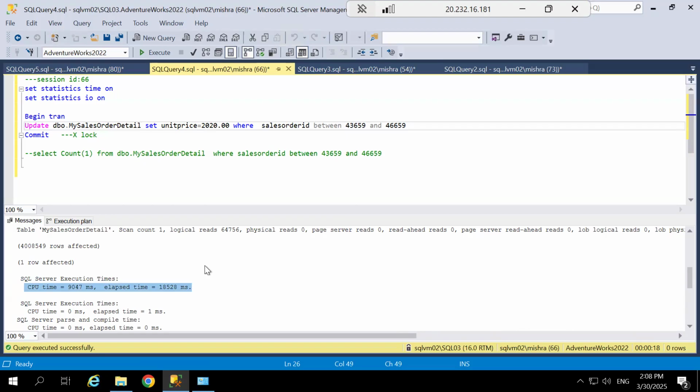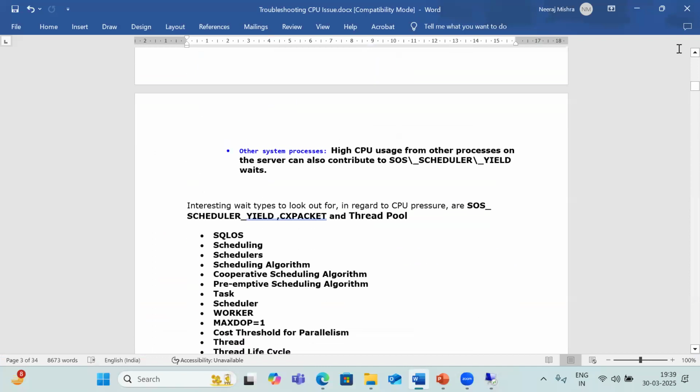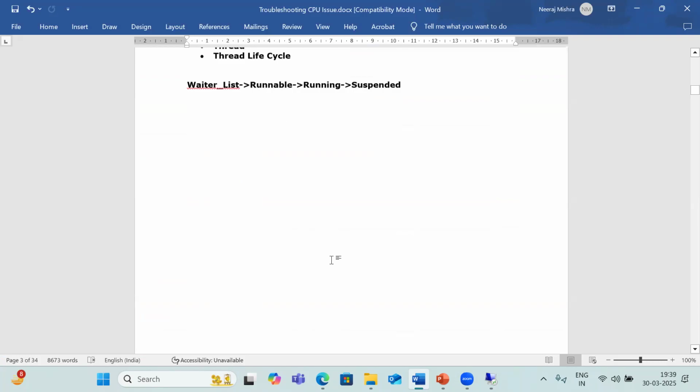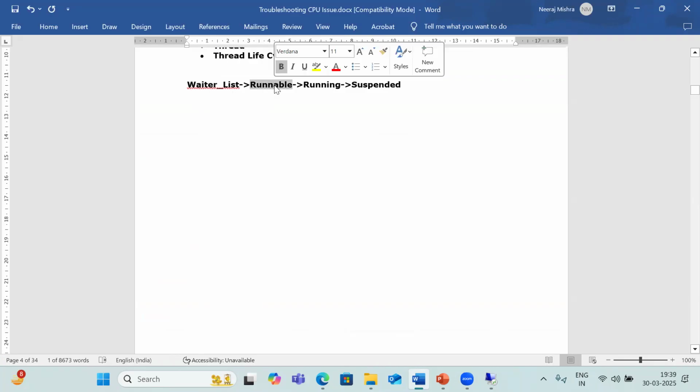Now coming to the worker time. Let us do some investigation, and I hope that elapsed time should be very close to the worker time, because worker time is what, let us go back to our discussion again. Worker time is this one. The worker has been assigned to the query thread when it was in the waiter queue of the scheduler, and it has been assigned 4 milliseconds of time.